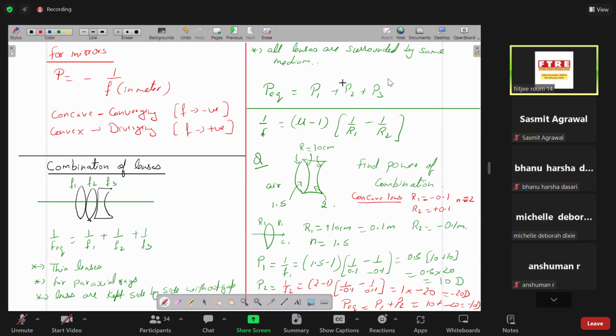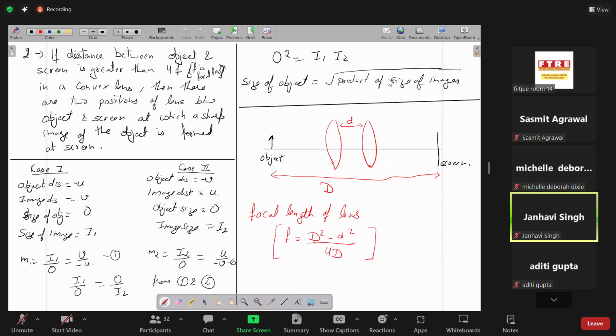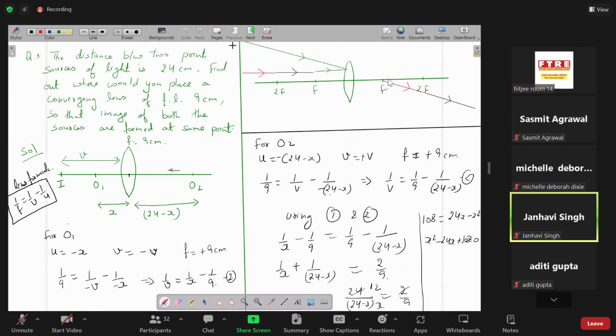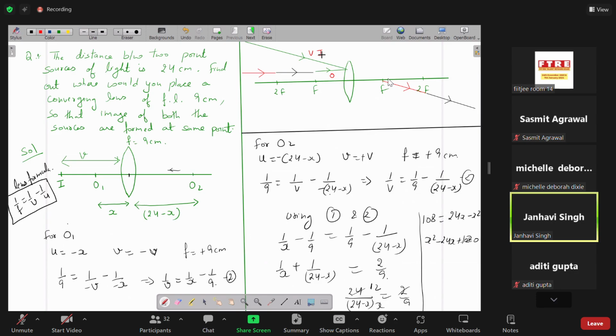Any doubt in today's lecture? Ma'am, can you show the first page? This is the first. Ma'am, for the diagram which you have made, for the virtual image, what is the direction of the refracted ray, towards the lens or away from it?